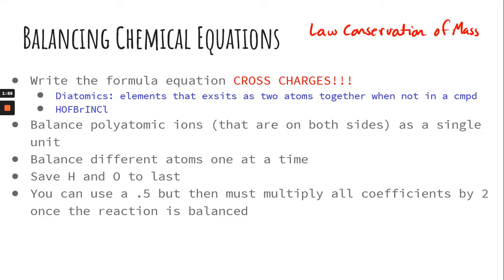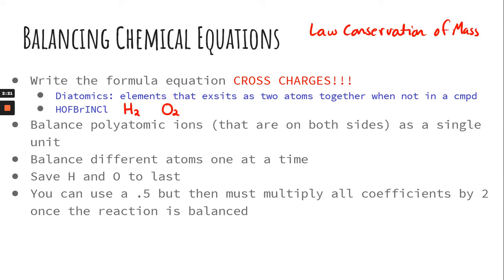And then there's a special group of elements called diatomics, and these are elements that exist as two atoms together when they're not in a compound. The way I remember them is by remembering the word Hofbrinkel. So hydrogen exists as H2, two hydrogen atoms together, not one hydrogen. And then O is for oxygen.